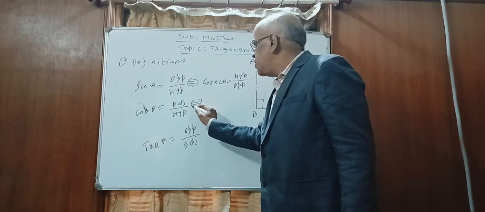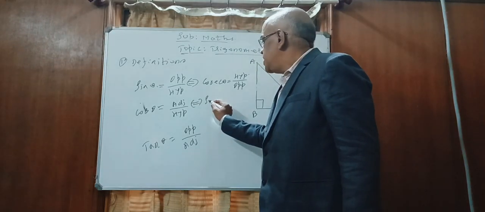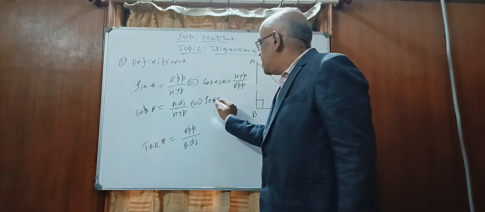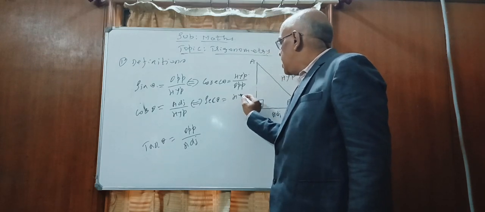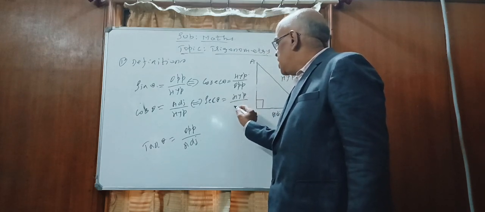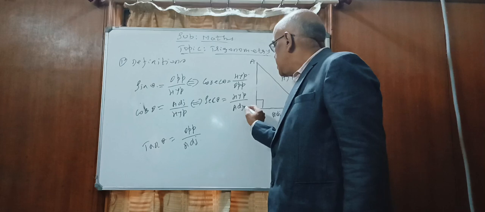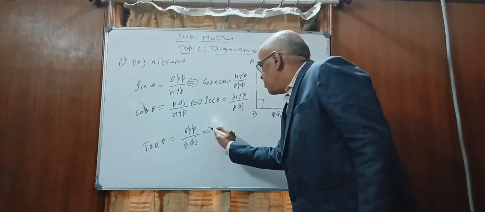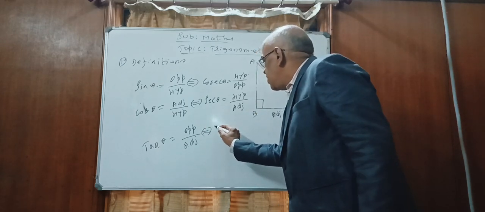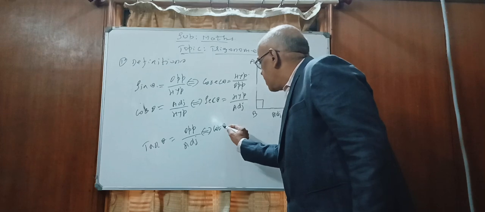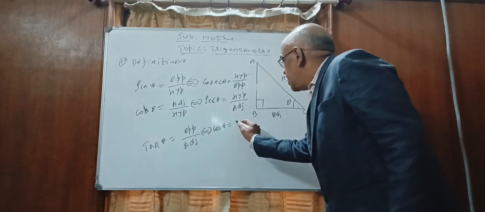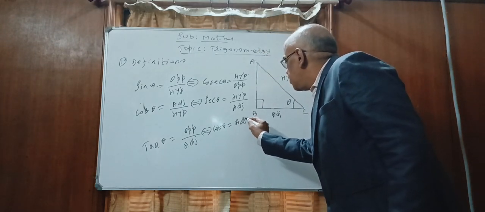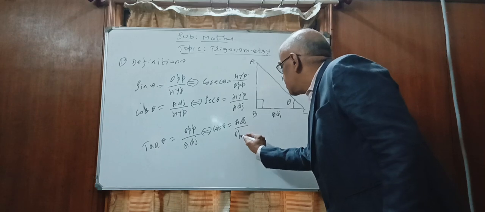Against cos theta, what will I write? I will write sec theta. What is sec theta? Sec theta is hypotenuse by adjacent side. Against tan theta, what will I write? Cot theta. What is that? Adjacent side by opposite side.